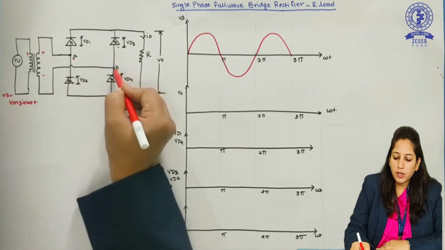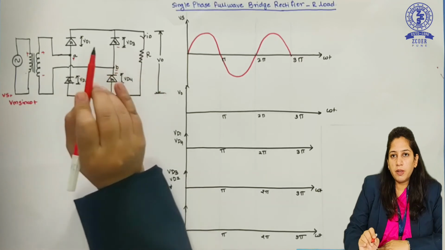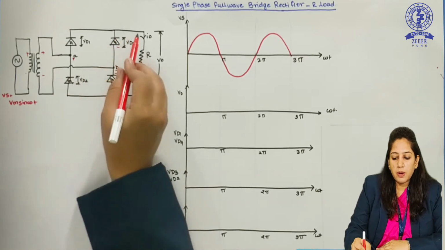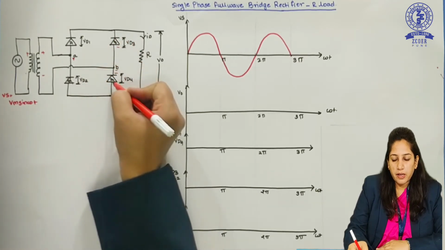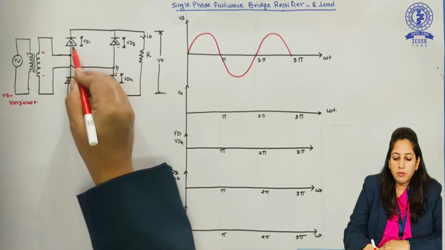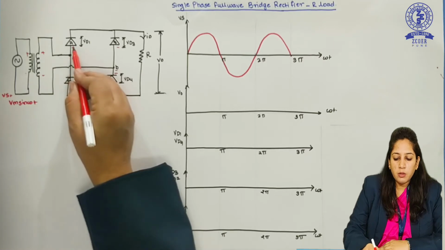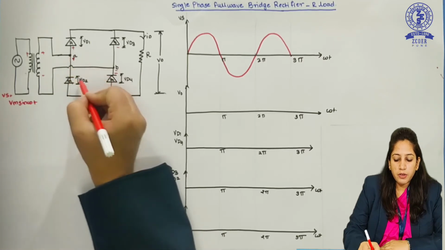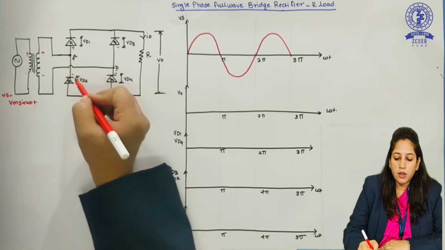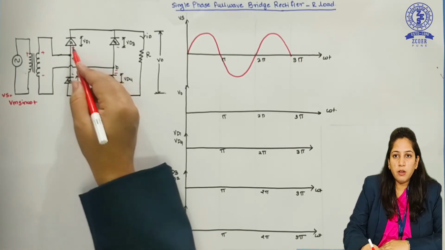As here it is negative voltage, my D4 here will be negative and D3 positive terminal will be negative, and D3 will be in reverse bias, D4 will be forward biased. Similarly here also, here it is positive, so the positive terminal of D1 will be more positive and the negative terminal of D2 will be positive here, and so D2 will be reverse biased and D1 will be forward biased.